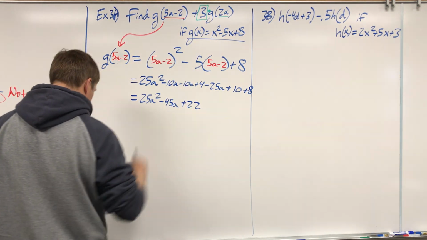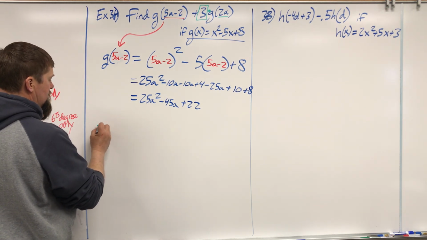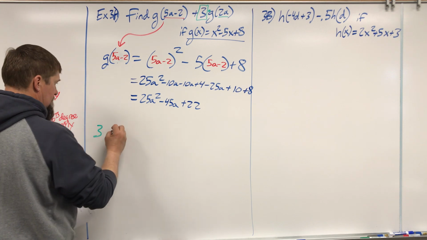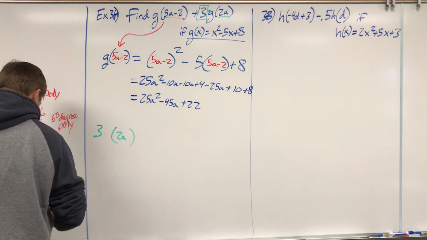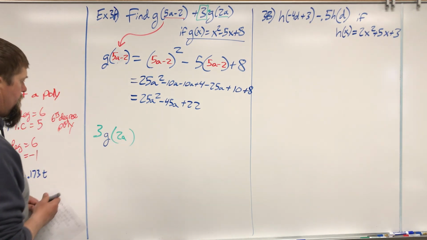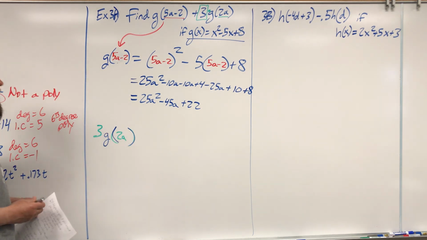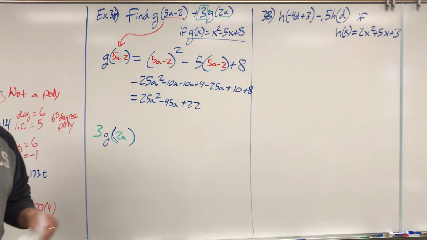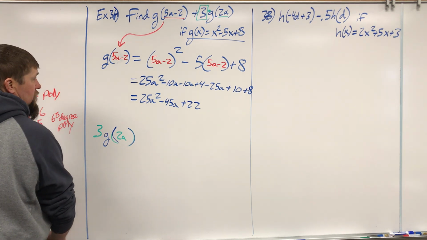The second one, we need to multiply 3 times g of 2a. So the g just means it's the g of x function. And we're going to put in 2a into that function, but then in the end, we're going to multiply it all by 3. So let's go ahead and do that.